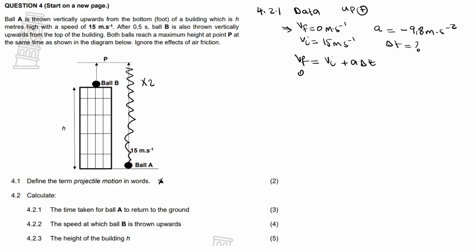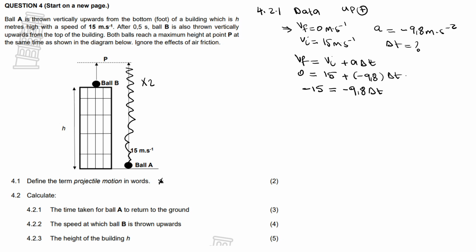Let's do the substitution. My final velocity is 0. My V initial is given as 15 plus negative 9.8 delta t. Let's move the 15 this side to be negative 15. Equate this to negative 9.8 delta t.